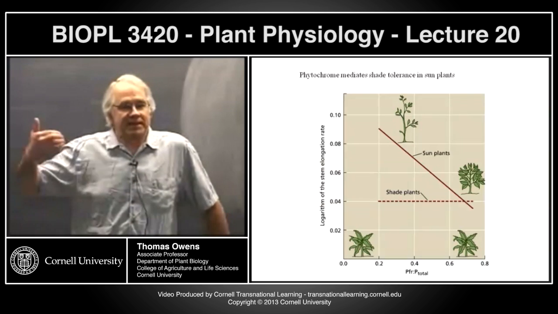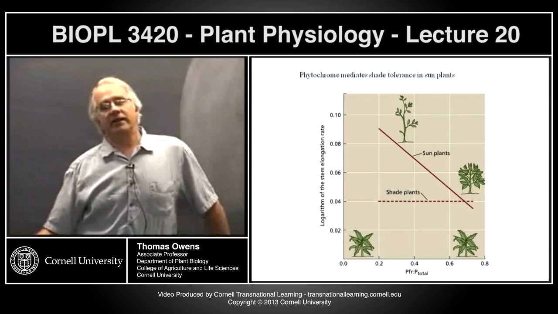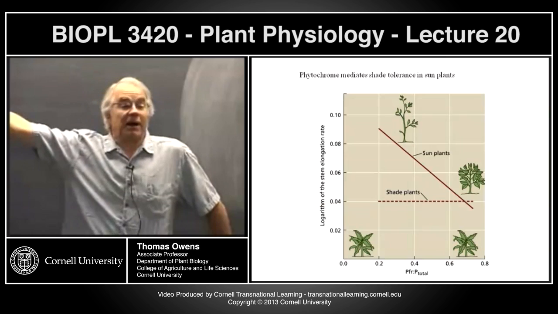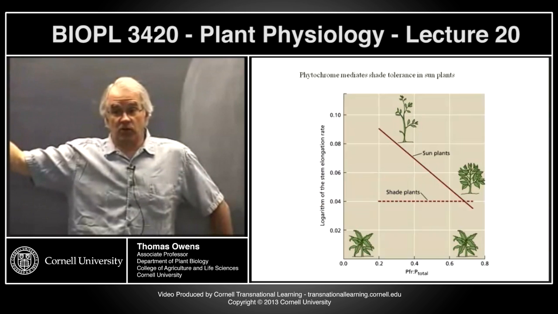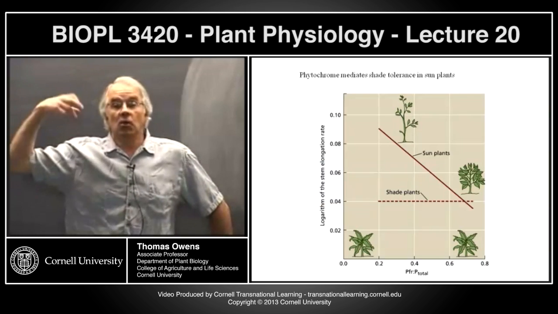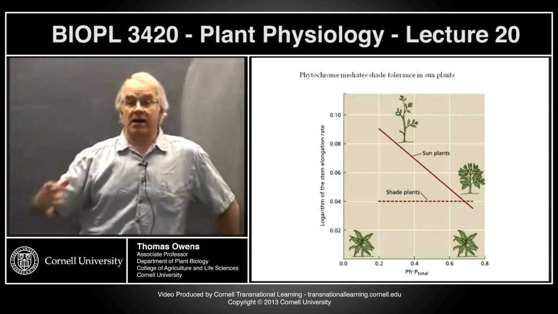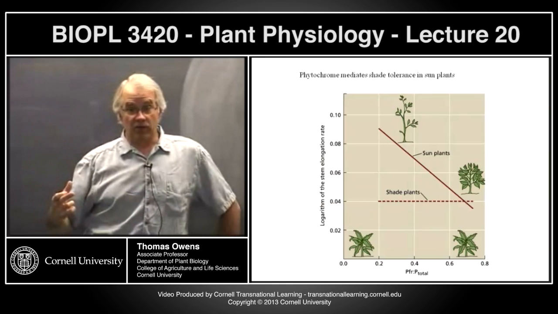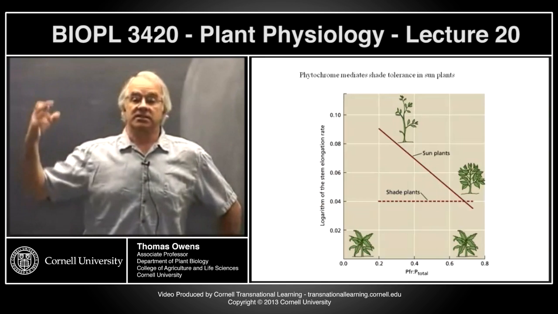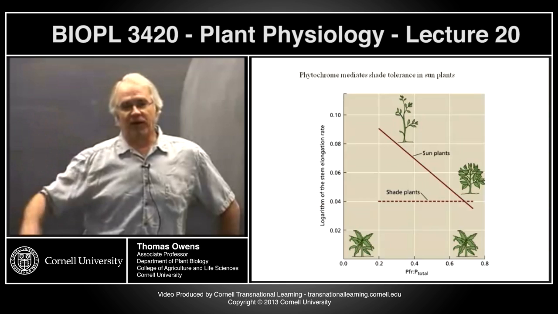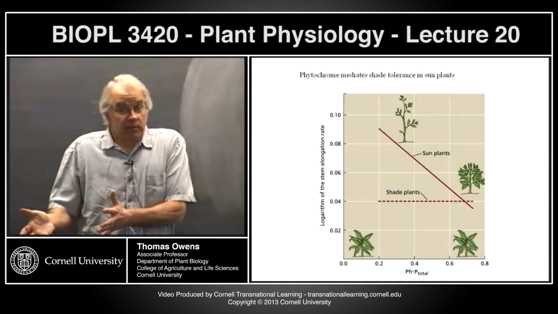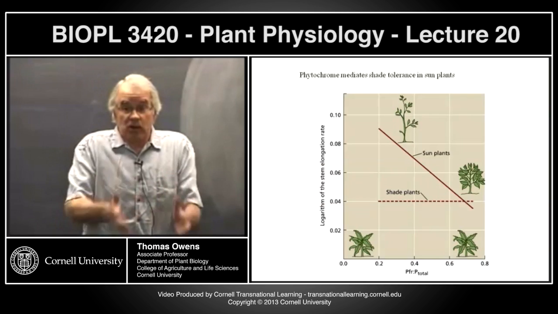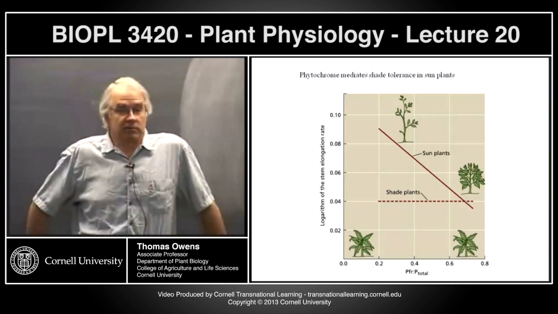So I think what that tells us is Phytochrome did not evolve to respond to sun and shade environments. The characteristics of Phytochrome, that red far red reversibility, was an inherent property of the molecule at the time it evolved. And it evolved as a light sensor, not a red far red reversible thing. That was part of what the molecule did, but it wasn't necessary for what it was selected for back probably several billion years ago.